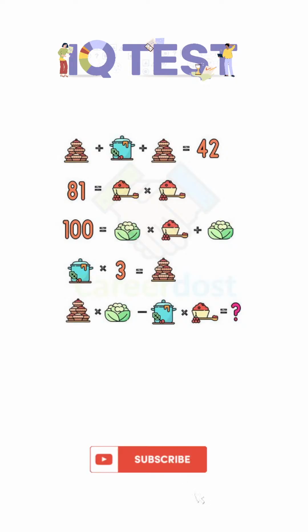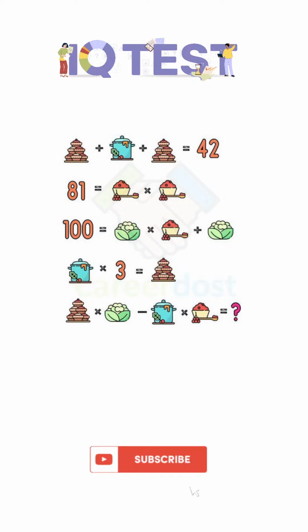So if we do our computation, the blue plate is 6, and then our cabbage is 10, and then the stocked up food is 18.